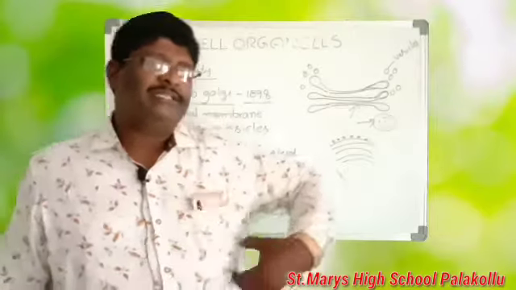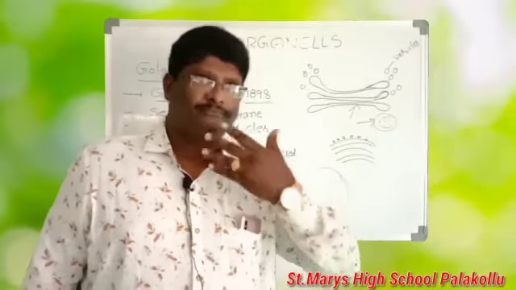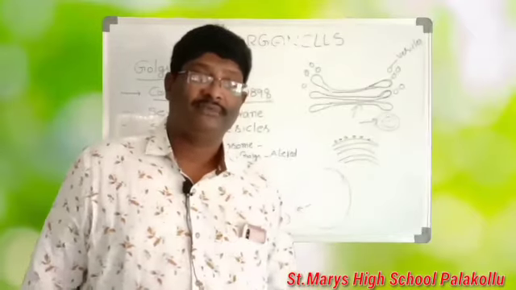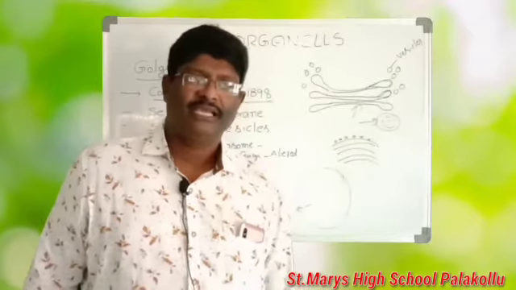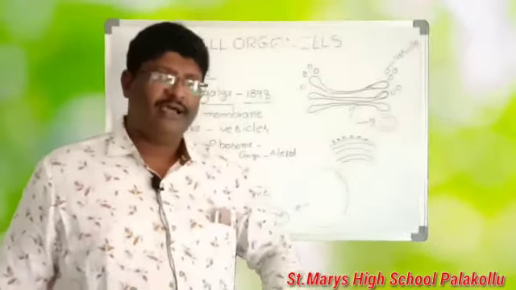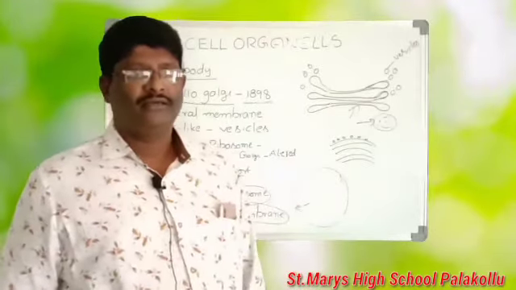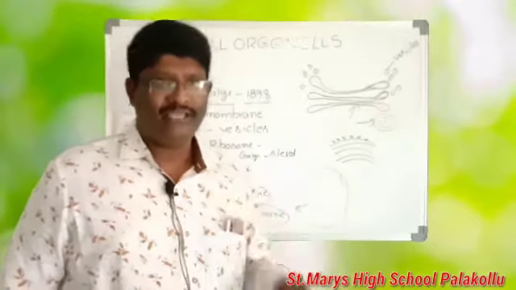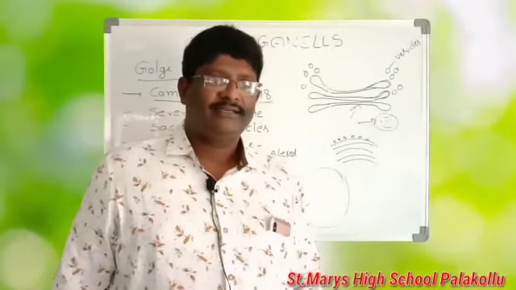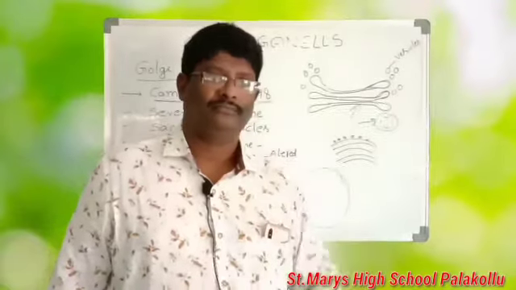In secreting organs, just like salivary glands, liver cells and mammary glands, they all secrete some chemicals. For example, saliva is secreted by the salivary glands. So in the secretory glands, the Golgi apparatus number is more.